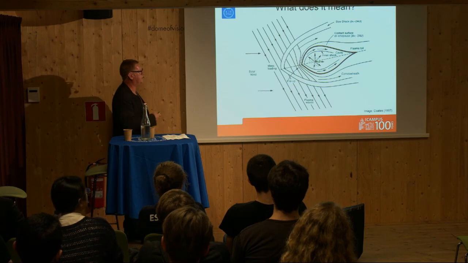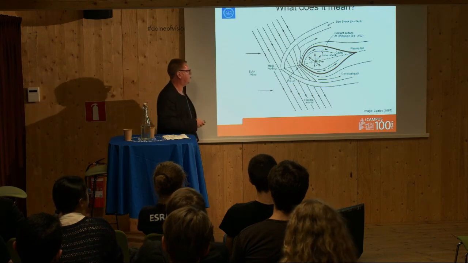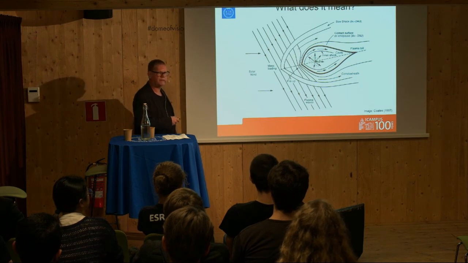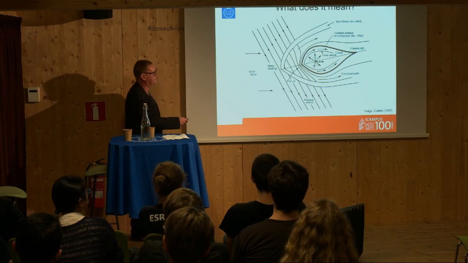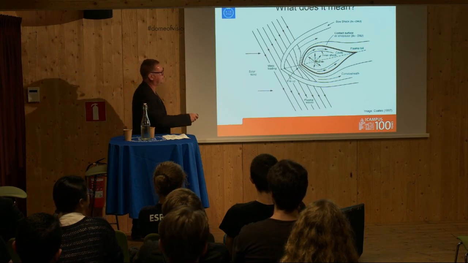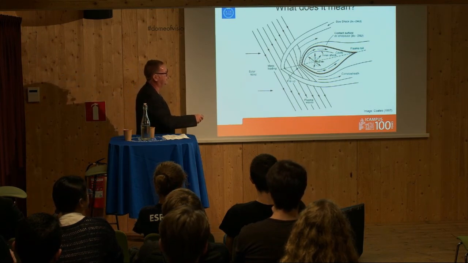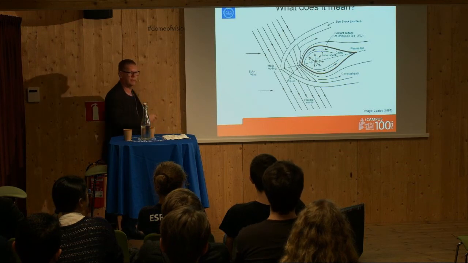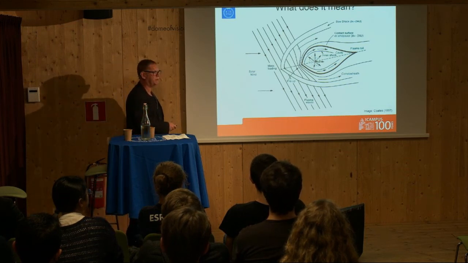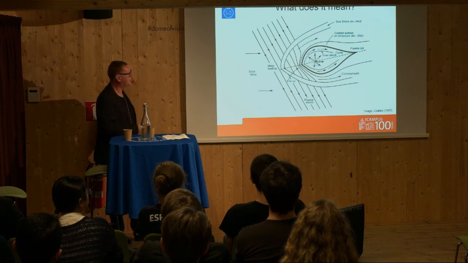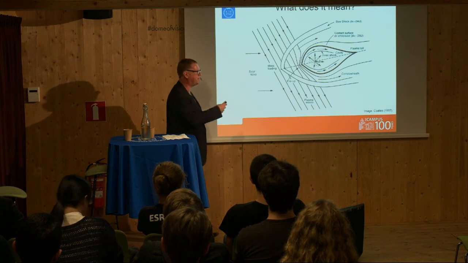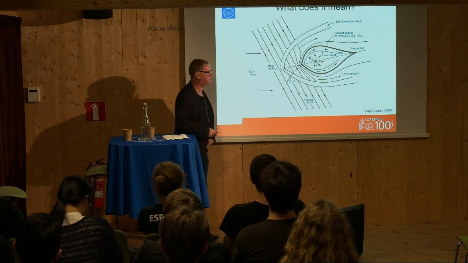And that, I think, is probably the main interesting point of these waves. They will probably modify the region in the inner coma, the region around the comet, and change the environment around the comet. So understanding these waves is a step towards understanding the space environment around a comet.